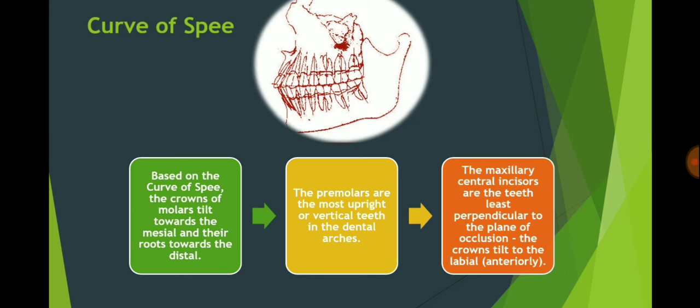Based on the curve of Spee, the crowns of molars tilt towards the mesial. As you can see in the picture above, the molars, for example numbers 17 and 18, are slanted towards the mesial aspect. So the crowns of molars tilt towards the mesial and their roots towards the distal.